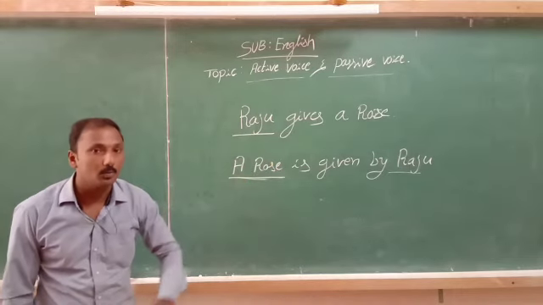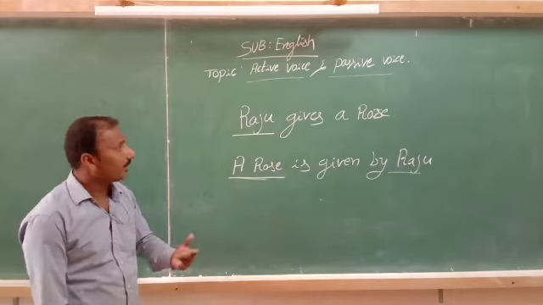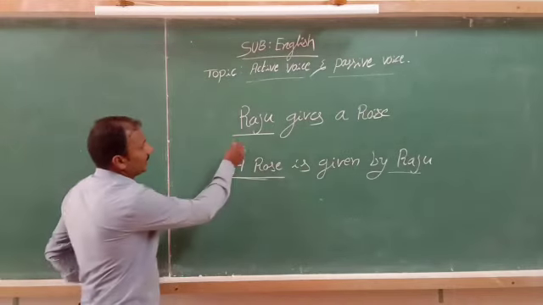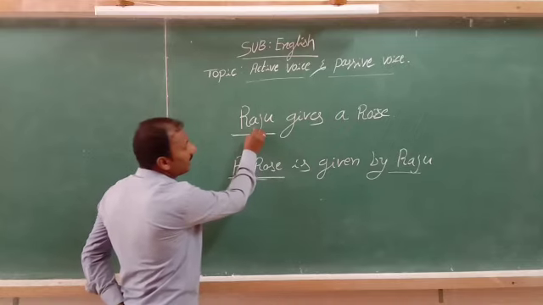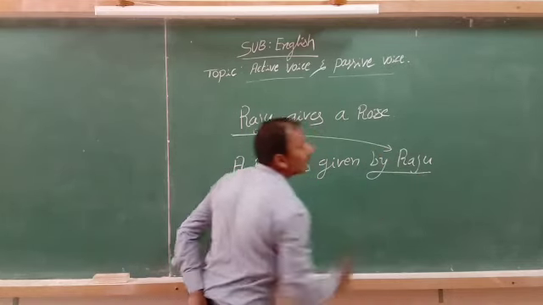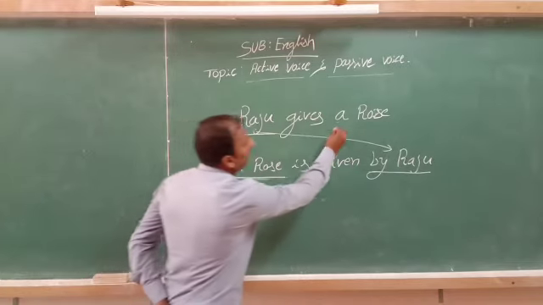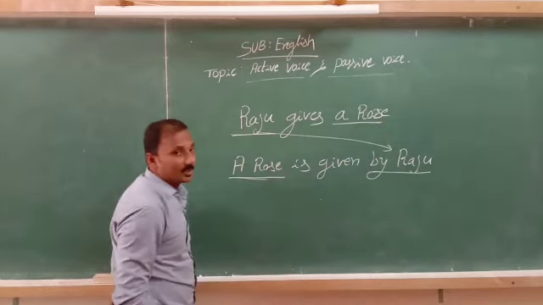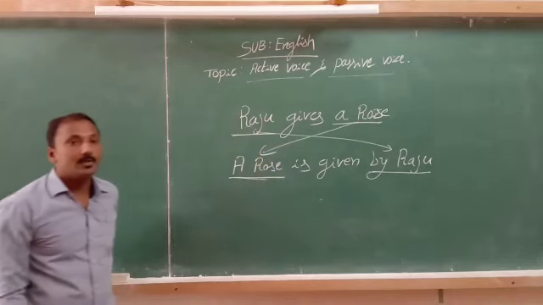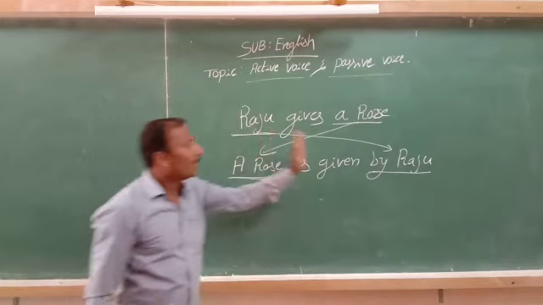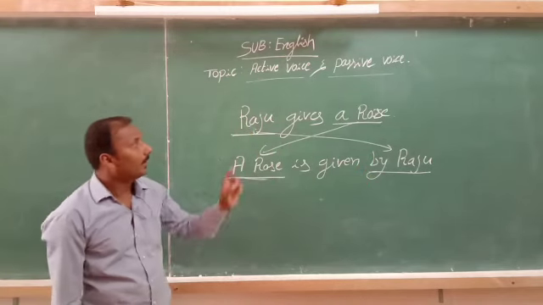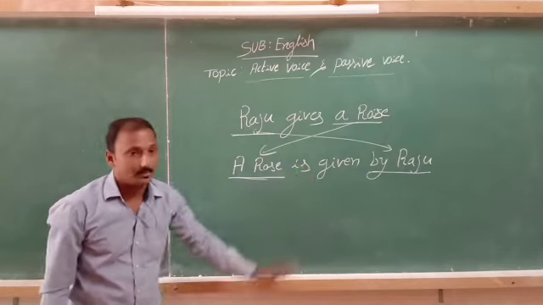That is the first step of changing an active sentence into passive. Observe that the subject Raju changes to the object in the passive voice. Then a rose is the object in the sentence and changes to the subject in the passive voice. Subject becomes object, object becomes subject. This is the first step of changing an active sentence into passive.